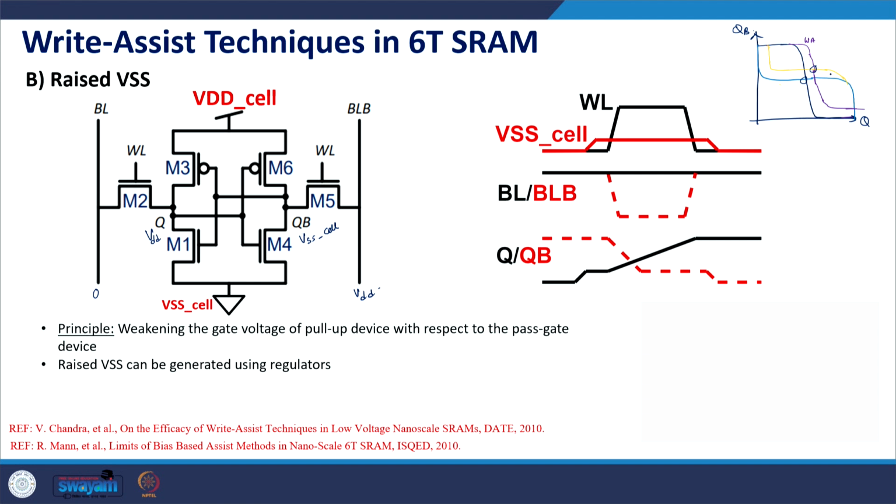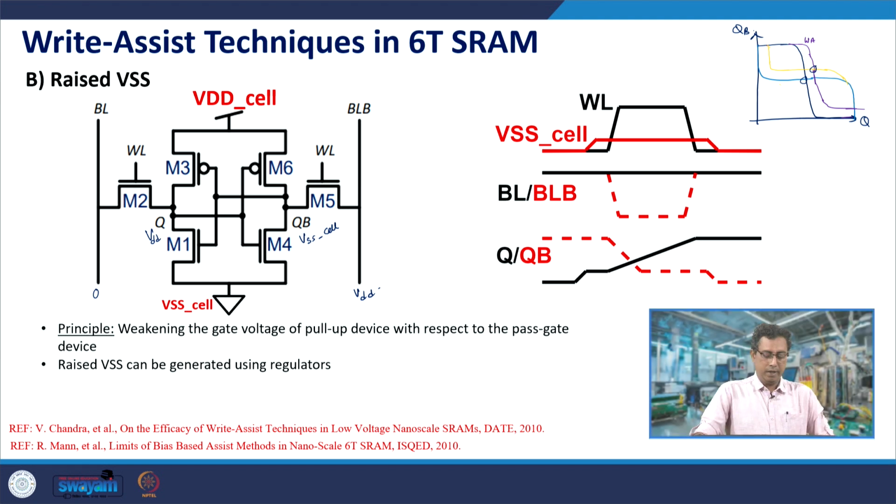So, if it has moved to a higher value of Q and QB, then you can do the discharging more easily, because you would be requiring to discharge Q to a lesser extent, and charging QB is now easier because already its value is high.